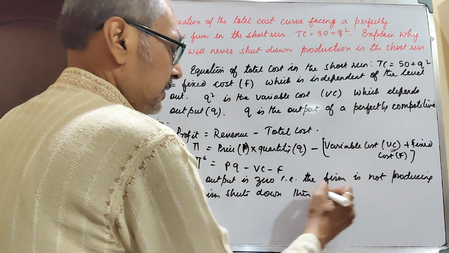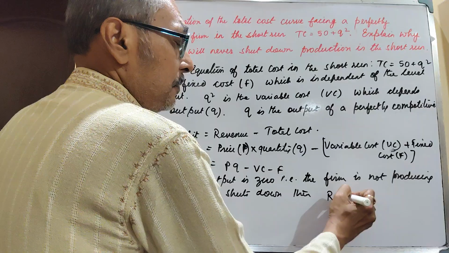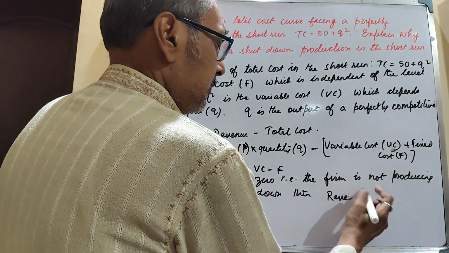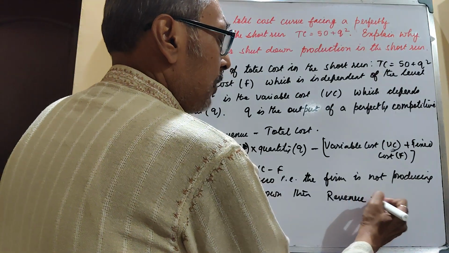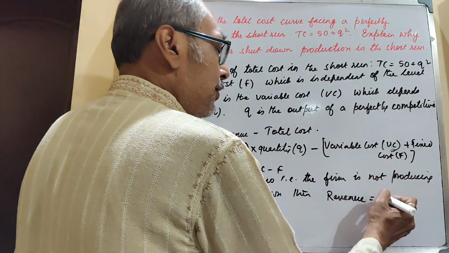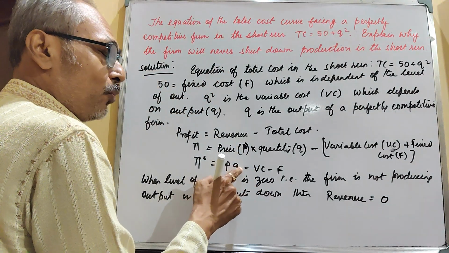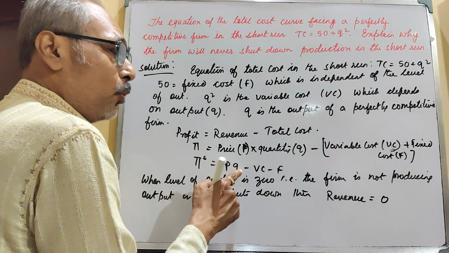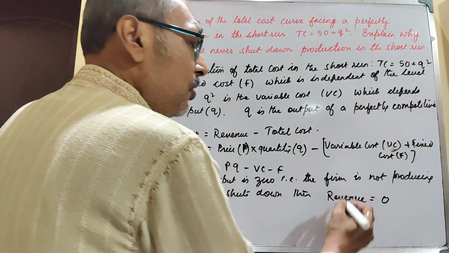Then revenue equals price times quantity, and since quantity is 0, revenue is 0.